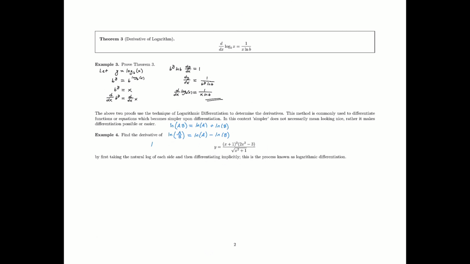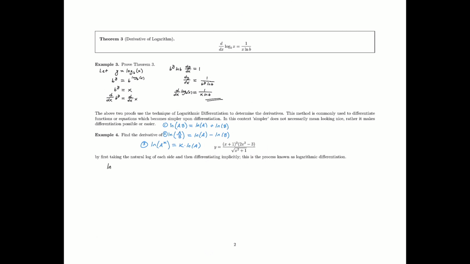And the third property that we're going to use a lot here is the natural log of a raised to some power, let's say k, is k times the natural log of a. It's these 3 properties of logarithms that give us a lot of flexibility when it comes to making algebraic simplifications. So with that being said, we're going to begin by taking this equation and taking the natural log of each side.